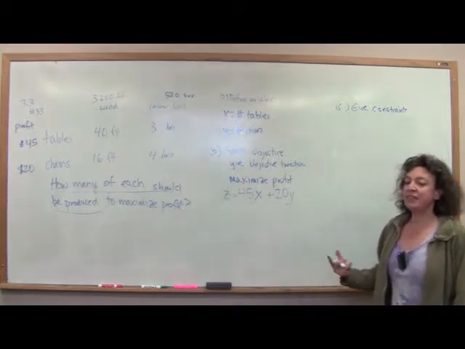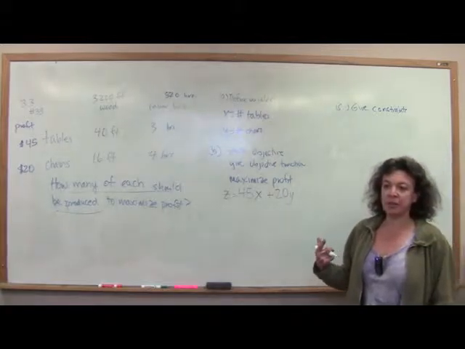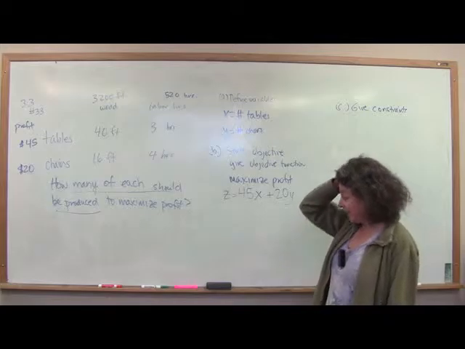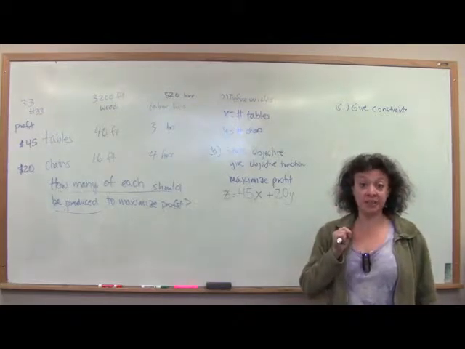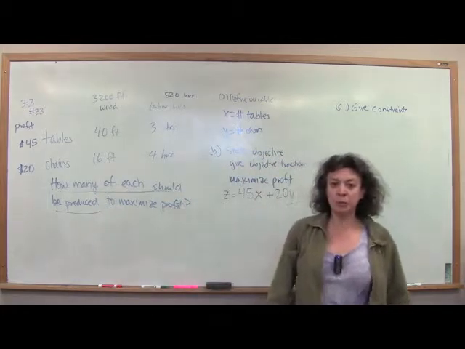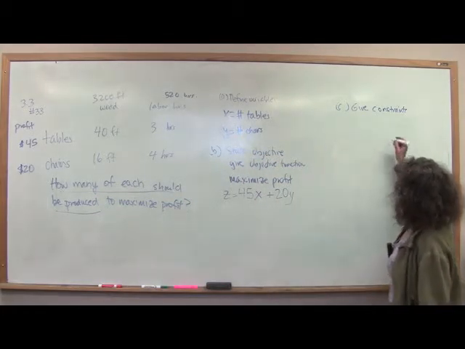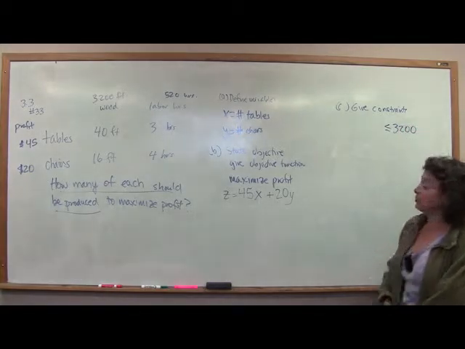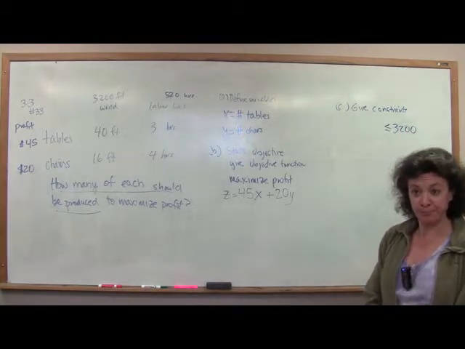So whenever I ask you what your constraints are, what I want to know is what are the limitations? Well, I claim that there's two limitations going on here. One limitation is the amount of wood we have. Do you agree that the amount of wood that I can use is less than or equal to 3,200 feet?